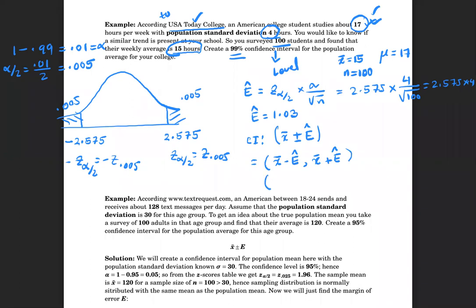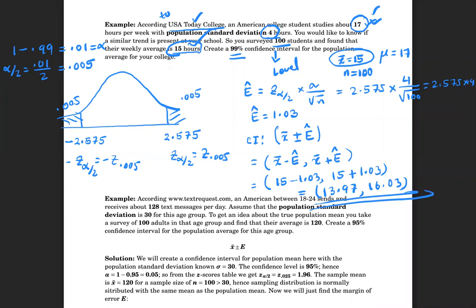X bar is 15, right? It's going to be 15 minus 1.03, comma, 15 plus 1.03, which gives you 13.97, comma, 16.03.